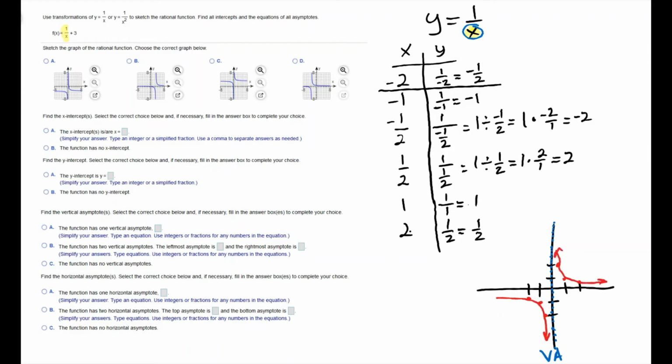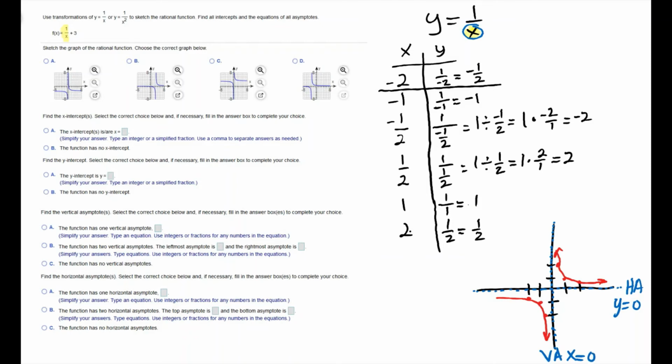We also have a horizontal asymptote that happens along the x-axis. So we have both a horizontal and a vertical asymptote. The horizontal asymptote happens at y equals 0, and the vertical asymptote happens at x equals 0.